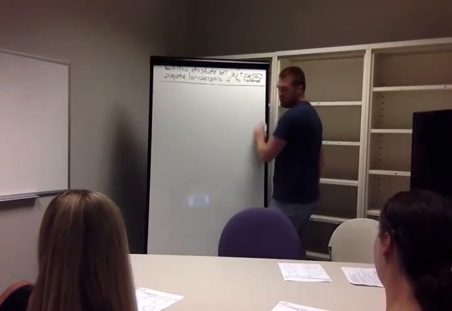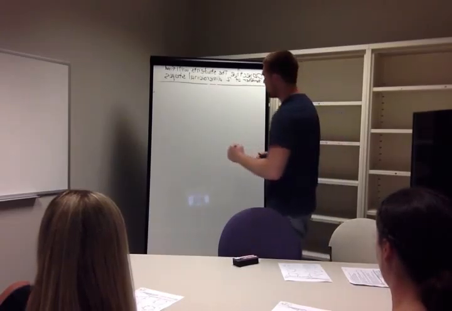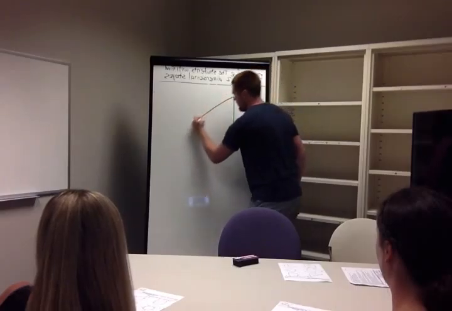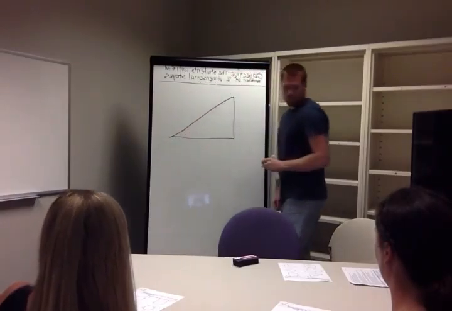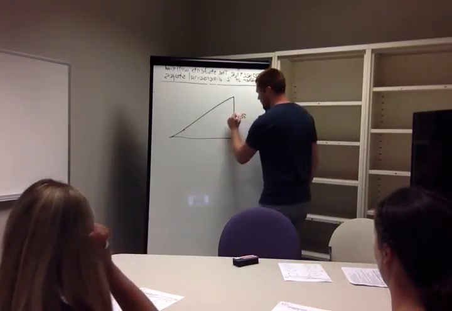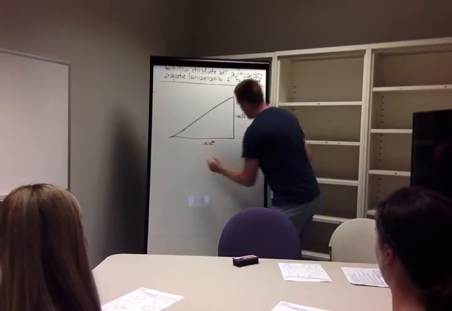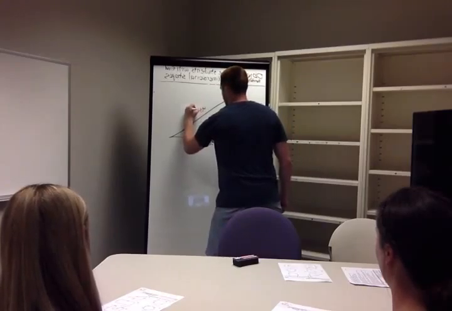All right, so we're going to do one more shape, and then I'm going to have you try a couple on your own. So the next shape is a right triangle. So we have 2 centimeters here, 3 centimeters here, and 4 centimeters here.